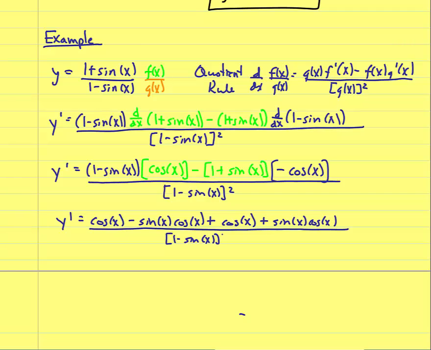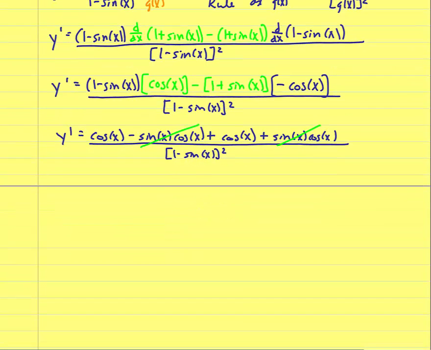And so I see something that's going to cancel here, and that's good. Negative sine cosine, positive sine cosine. So it looks like I'm left with cosine of x plus cosine of x, which would be 2 cosine of x all over 1 minus sine of x quantity squared.